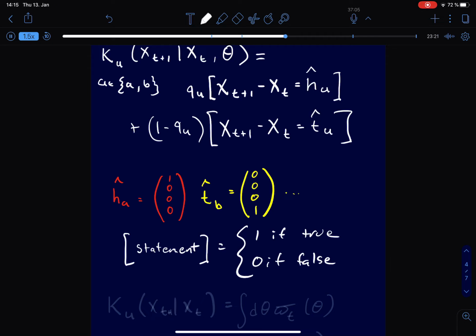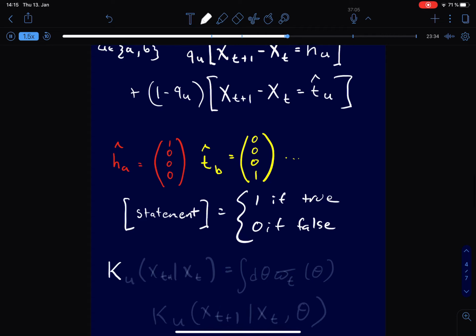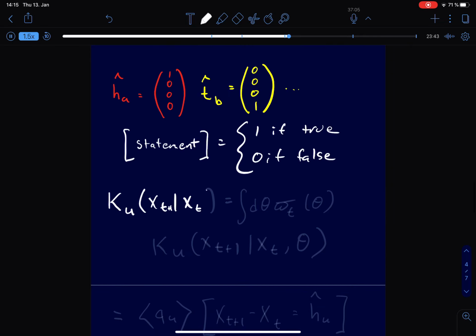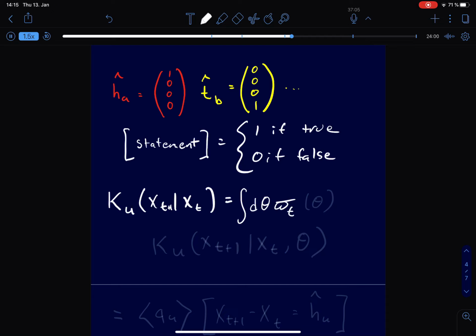Okay, but as we've seen, we don't actually know these parameters q_A and q_B. We only have a knowledge state for them. So actually, we need to develop the true propagator, or the complete propagator. It can be shown, I'm not going to show it here, that this is just the average over the parameter values, given our current knowledge state, of the auxiliary propagator that relies on the incomplete information and the information we don't have.